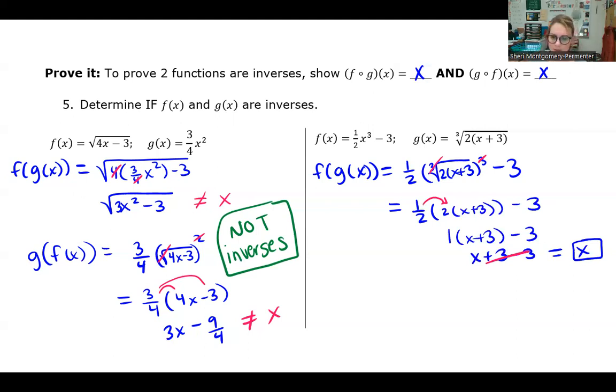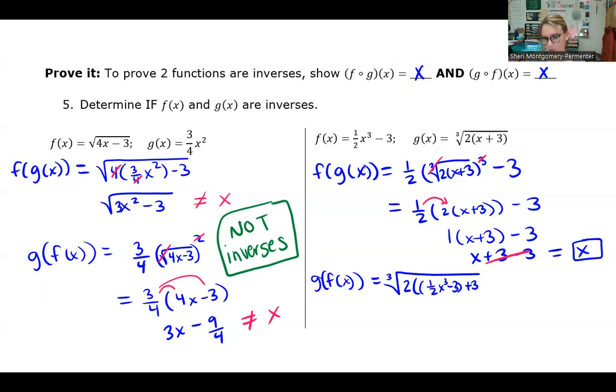So I've also got to do g of f of x. I've got to write my g function, and where I see the x, I've got to leave myself space. Okay, so I've got to work inside my cube root.